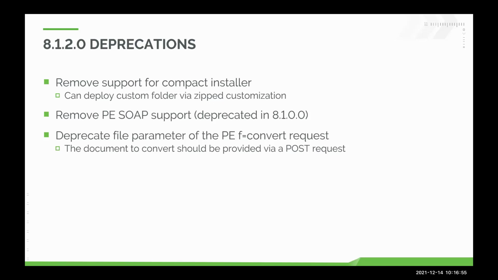We've also removed the PE SOAP support. Now, this was deprecated a while back in 8100. And now we have removed that SOAP support from Publishing Engine. And then, as I mentioned earlier, we have deprecated the file parameter for the PE F equals convert request.